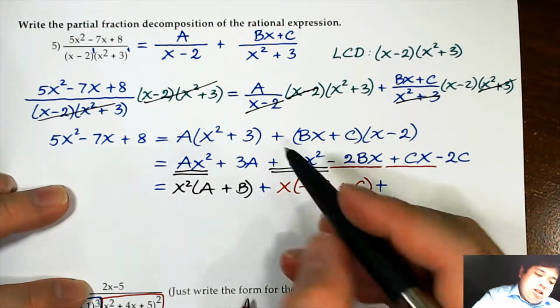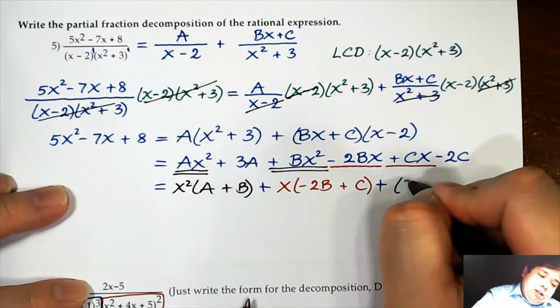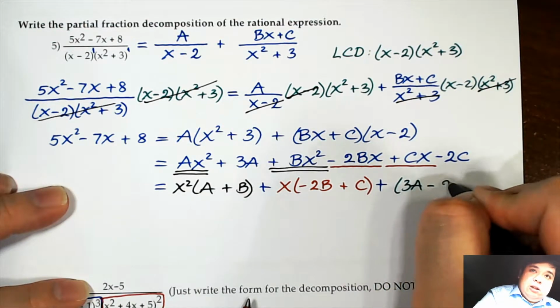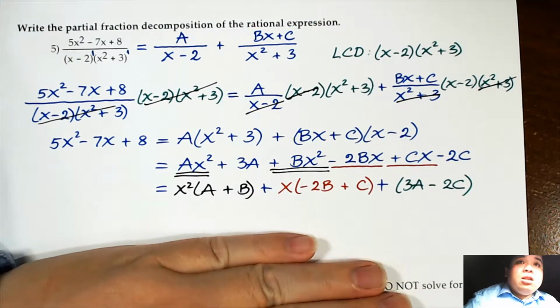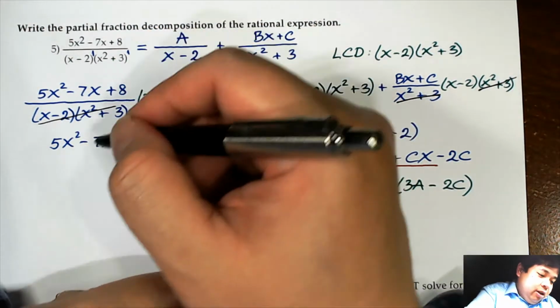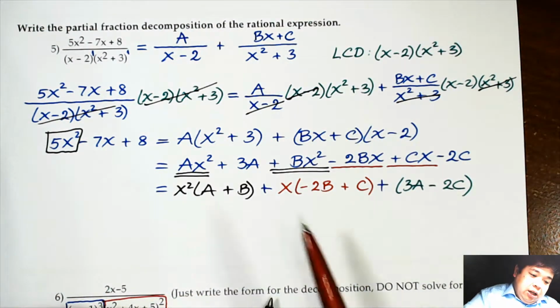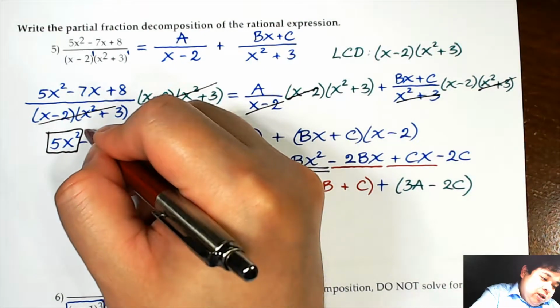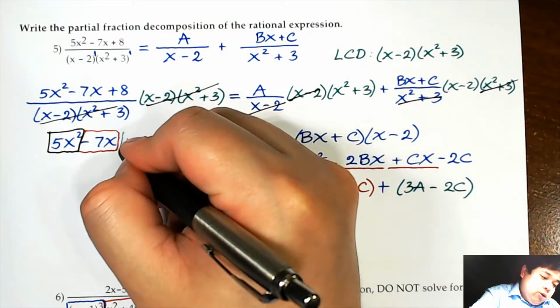And what's left is just 3a minus 2c. Right. And then we just match the terms. The x squared term must be equal to this. The x term must be equal to this. And the constant must be equal to 8.